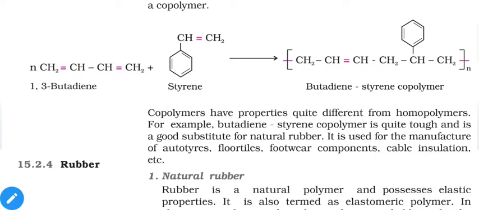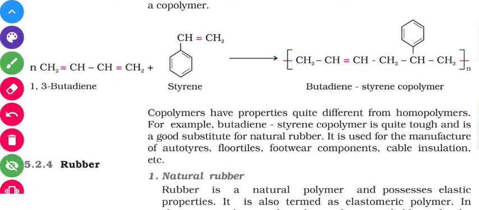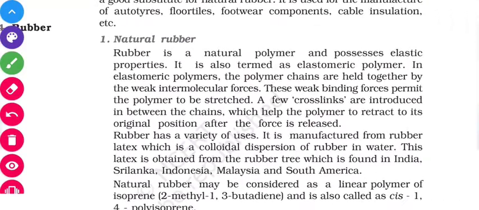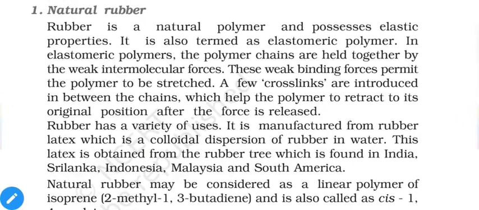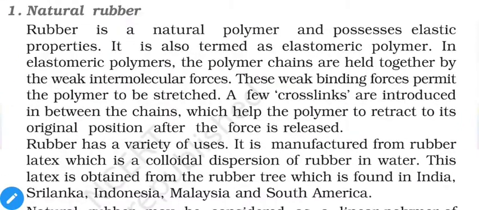Next point, rubber. Mainly we have two different types, natural rubber and synthetic rubber. First, let us discuss natural rubber. Rubber is a natural polymer and it possesses elastic properties, which is why it is known as rubber. It is termed an elastomeric polymer.